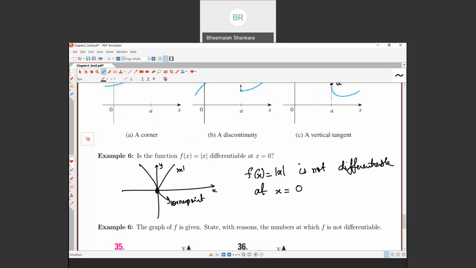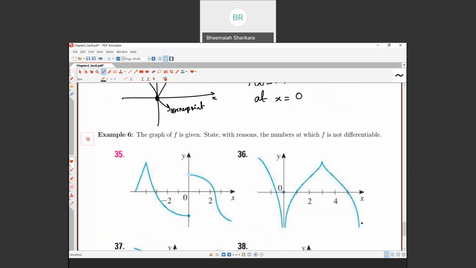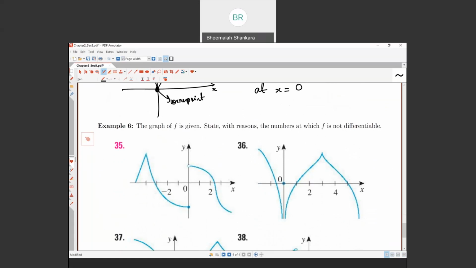Now you have been given 4 graphs. You want to say if the function is differentiable or not. The very first graph, you see that you have a corner point at x equal to -4. This corner point is here, so the function is not differentiable there. Similarly, at x equal to 0, you're seeing a discontinuity in the graph.